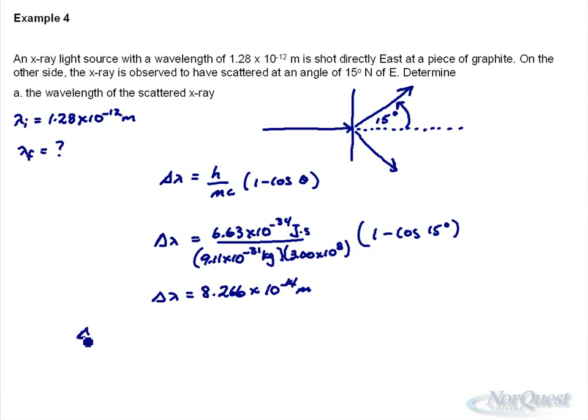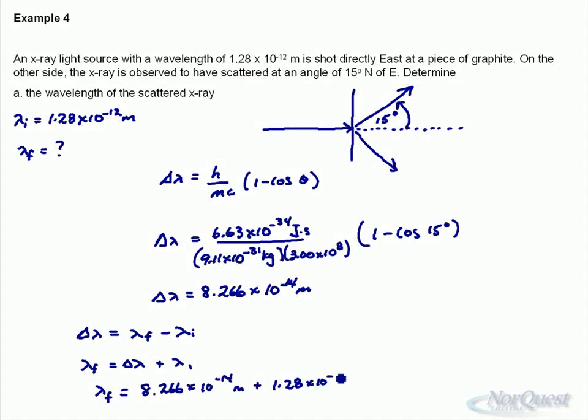We know that change in lambda equals final wavelength minus initial wavelength, and what we want is final wavelength equals change in wavelength plus initial wavelength. So if we put our numbers in, keep that original on your calculator so that you don't have a rounding error. The original was 1.28 times 10 to the negative 12 meters.